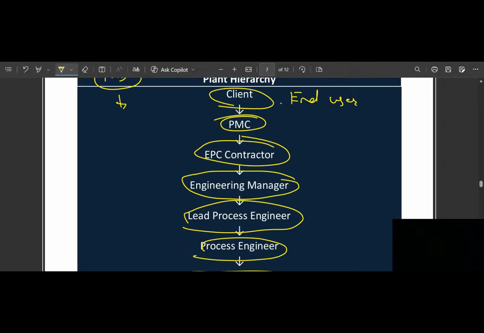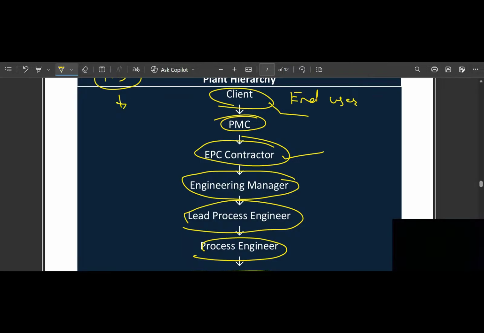So usually we work as a process engineer at the client side or as an EPC contractor. Okay, so you need to understand what exactly our role is, and where we need to apply. Okay, at client side or EPC contractor.